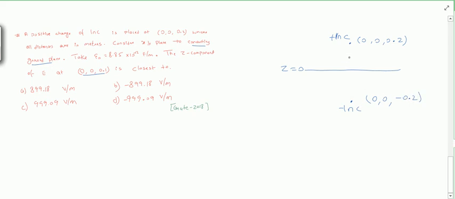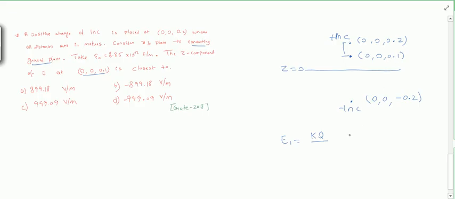Now I want to find the electric field at the point (0, 0, 0.1), the z component. Let us first find the electric field due to the plus 1 nanocoulomb charge, E1, which is kq by 4 pi epsilon, kq by r square. You can find the displacement vector: the field location minus the source location.